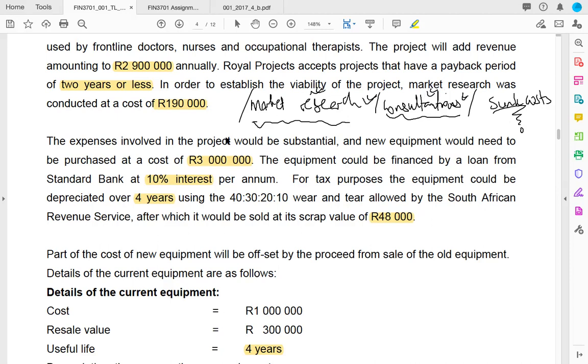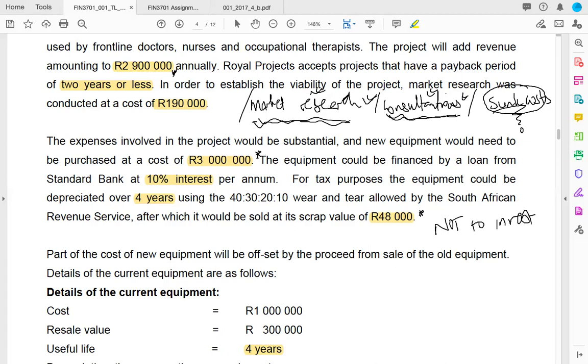Okay, all these are the cash flows, like the purchase price, the scrap value, the savings. These are relevant costs because if you decide not to pursue the project, these savings and these costs will not occur. If you decide to pursue the project, they will occur. But things like market research and consultations are known as sunk costs because even if you decide not to invest, you won't get this money back.